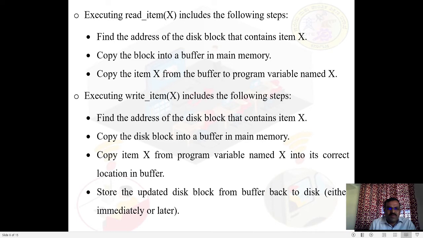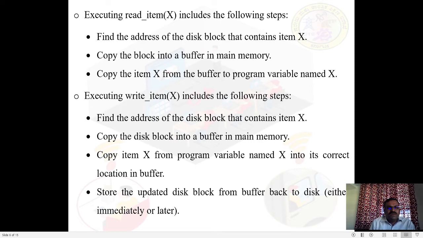And the last step is to copy the item X from the buffer to the program variable named X. These are the three steps to executing read_item(X).